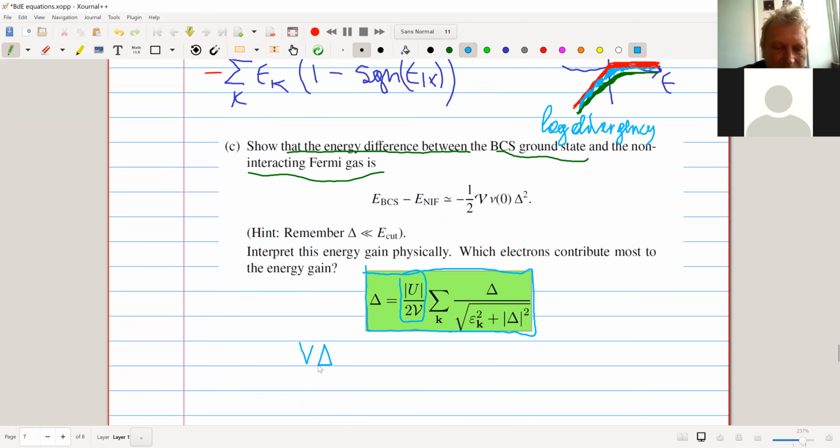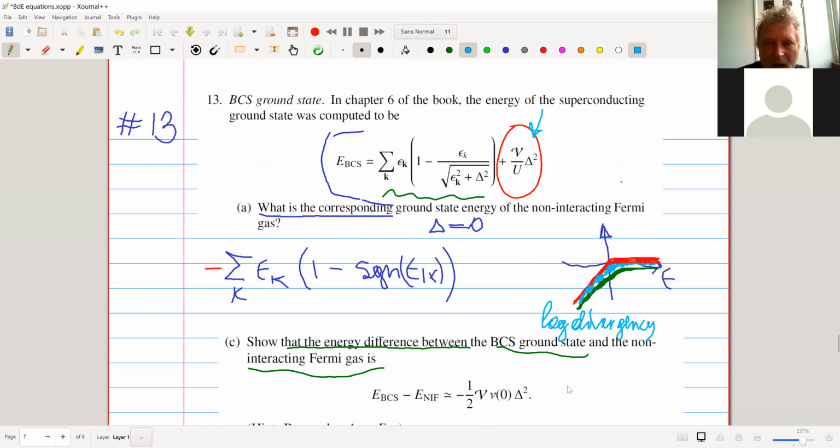Right, so V delta squared over U is minus, because U is negative, 1/2 sum over k of delta squared over the square root of epsilon k squared plus delta squared.